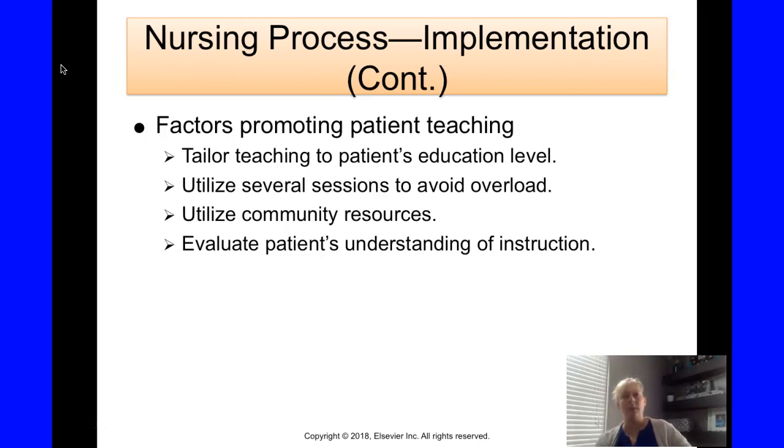Don't overwhelm them with one session, so that they're not confident and go home frustrated and can't do it. So let's say, all right, today we're going to learn how to put a drop on the strip. So, several sessions. We may need to use community resources, for example outside resources for elderly to help them do checks in the home, or Meals on Wheels. And then you have to make sure the patient understands the instruction.